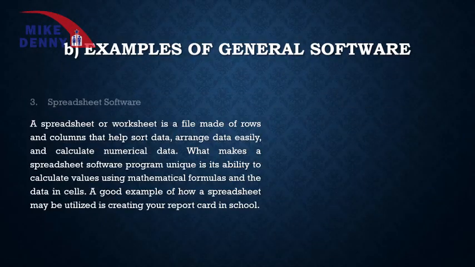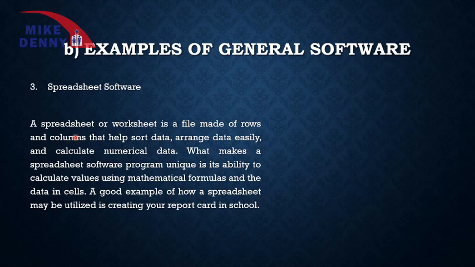So let's talk about spreadsheet software. A spreadsheet software or a worksheet is a file made of rows and columns that helps to sort data, to arrange data easily, and to calculate numerical data. What makes a spreadsheet software program unique is its ability to calculate values using mathematical formulas and the data in cells.